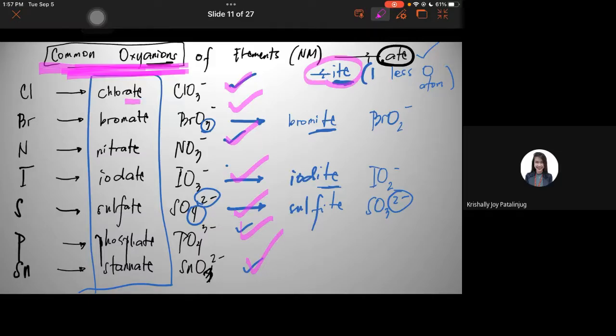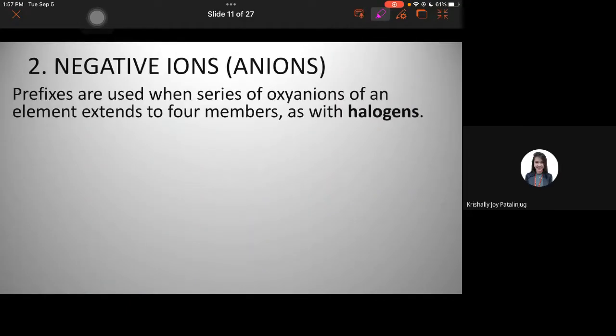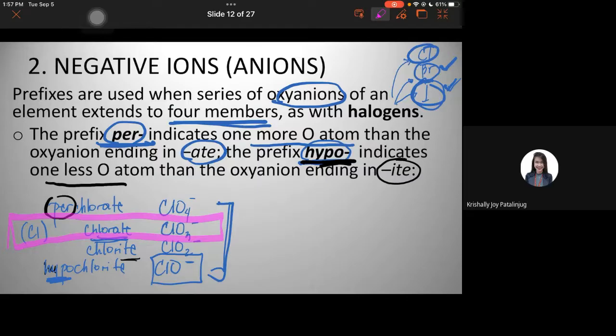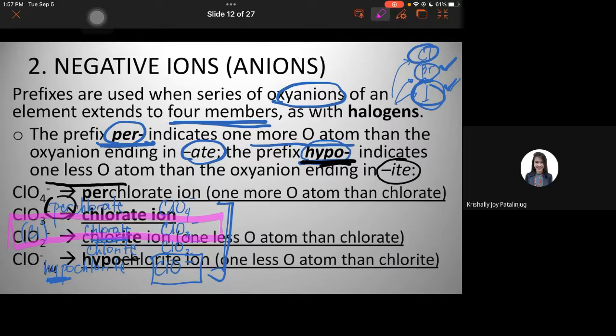One more oxygen from the ate ending, you add the per prefix. And one less oxygen from the ite ion becomes hypo. Okay, the hypo form of the oxyanion. So that's it. That's how we name anions.